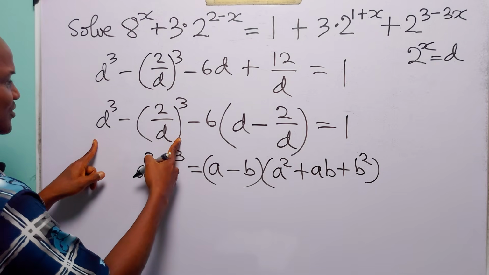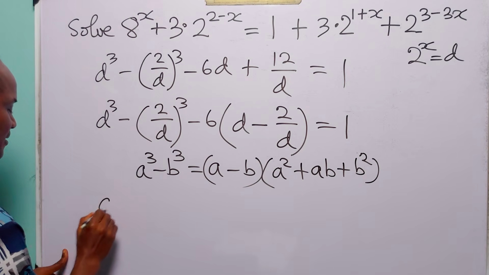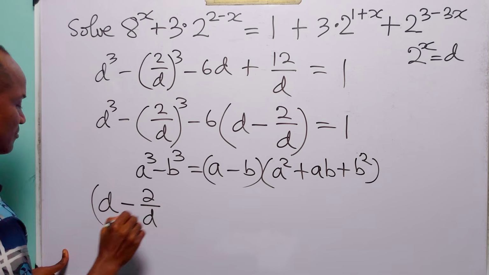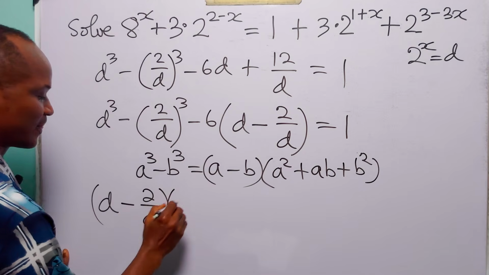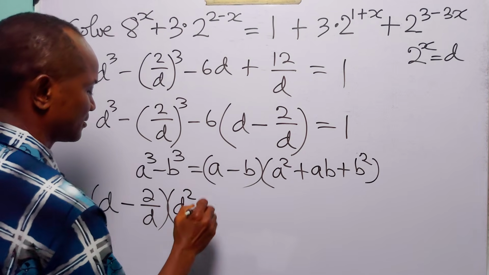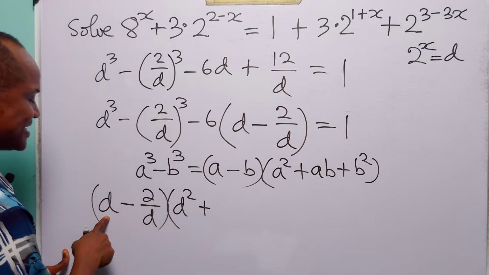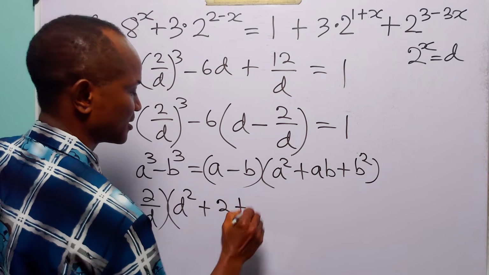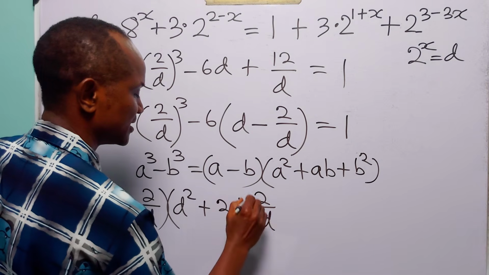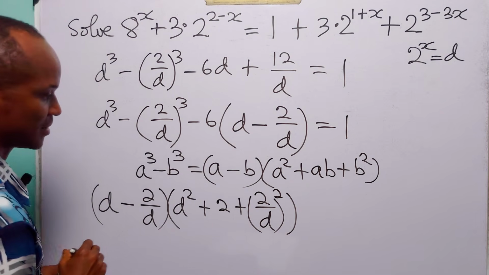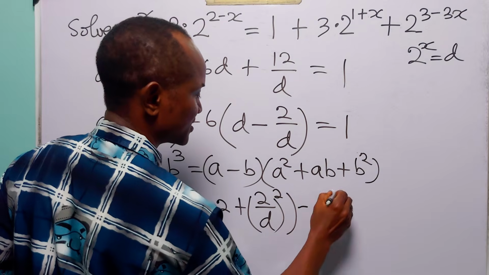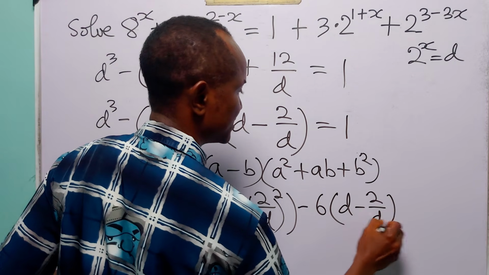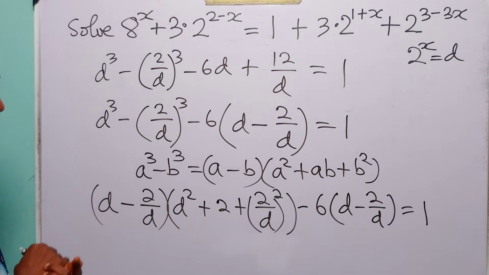So we can write these two terms as d minus 2 over d times d squared plus d times 2 over d is going to give us 2 plus 2 over d squared. Now, of course, we still have minus 6 times d minus 2 over d, and this is equal to 1.